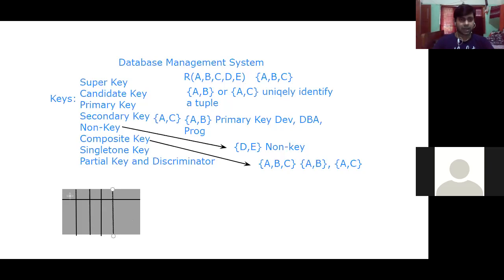Let's say here we have A1, here there is B, here there is D, here there is P and Q. So these are different attributes in this particular relation.